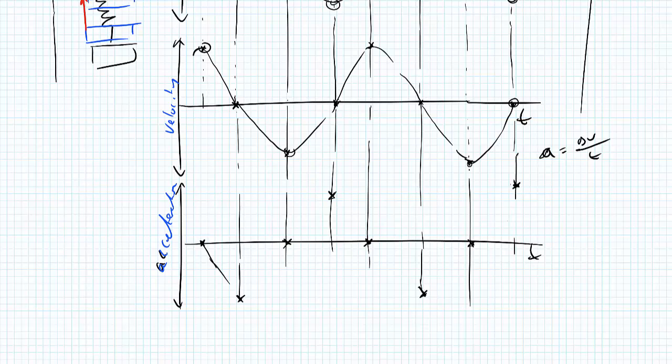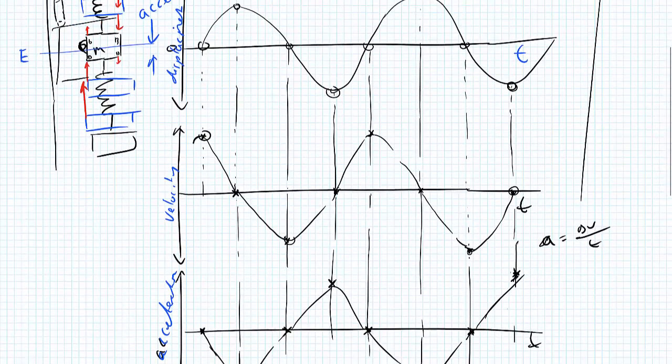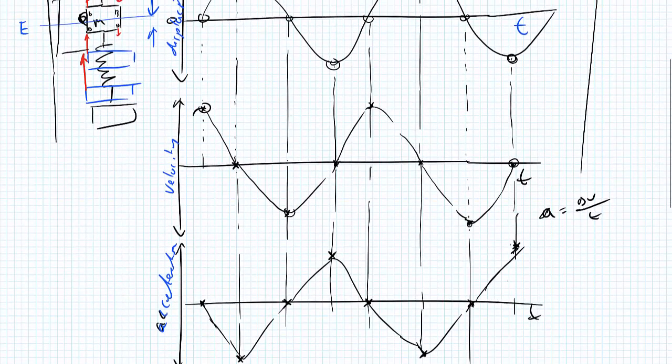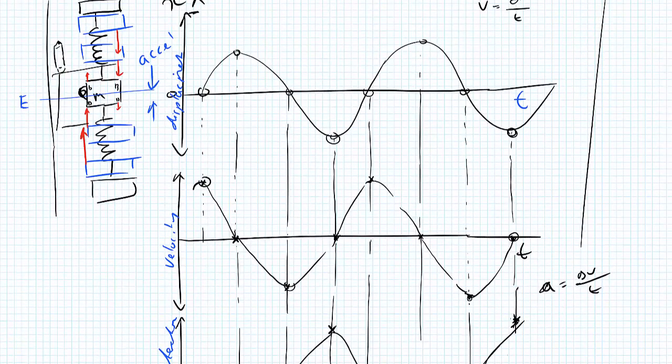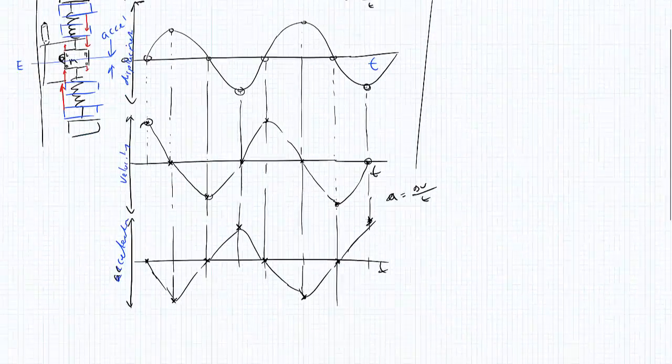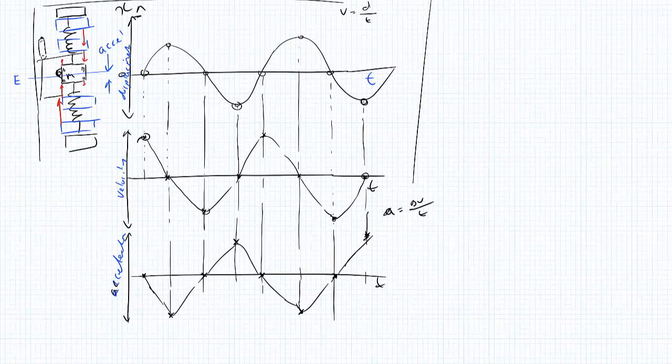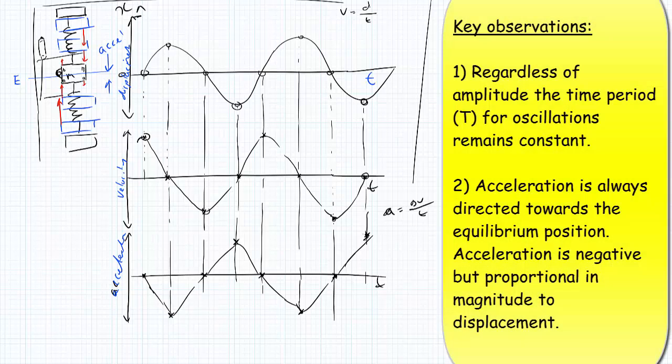Again, I'm going to go through and just sketch on the curve. Okay, so now we can see that defining feature again of simple harmonic motion. We can see that when you've got maximum displacement, the acceleration is in the opposite direction.